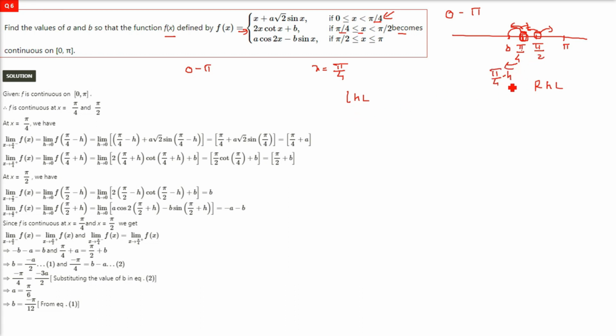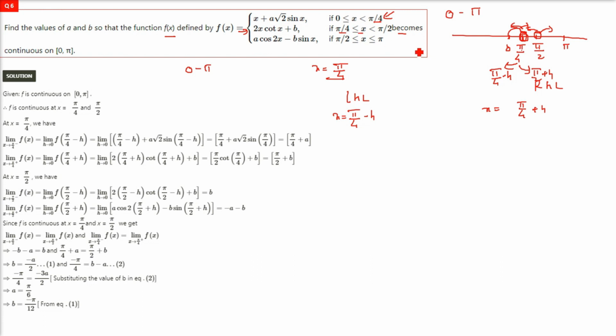H can be neglected. It is very small, not equal to 0, but almost equal to 0. Similarly, pi by 4 plus h is a bit further than pi by 4. So we'll replace x by pi by 4 minus h on the left hand side, and by pi by 4 plus h on the right hand side.